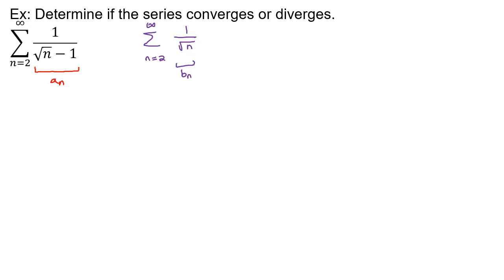And so I want to compare those two things. I want to say, is 1 over the square root of n minus 1 compared to 1 over the square root of n, is it bigger than or less than or equal to? And again, here you'll notice we're starting the series at 2. That's only because we don't want to divide by 0. That's the only reason.